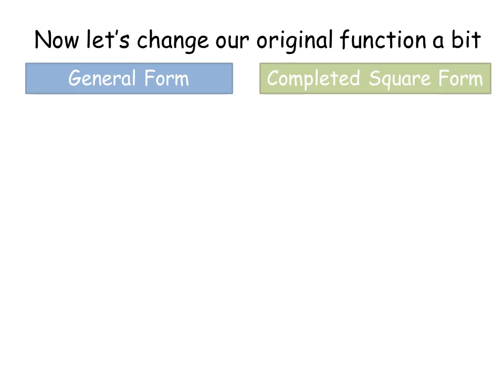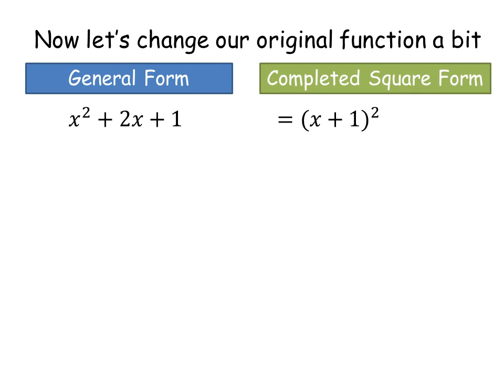Now, how about we change our original function a bit? How about for our general form, instead of saying x squared plus 2x plus 1, which is a perfect square, and we know that's equal to x plus 1 all squared, suppose we just have x squared plus 2x.